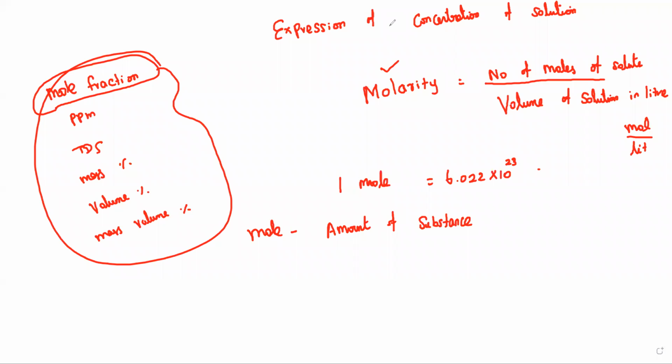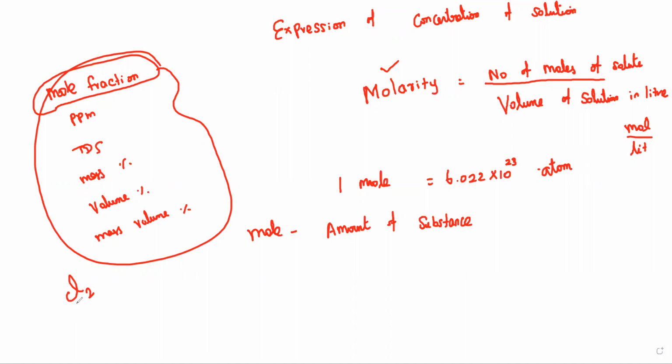It is 6.022 into 10 to the power of 23 atoms or molecules or ions, the smallest particles. For example, the smallest particle of chlorine is called an atom.